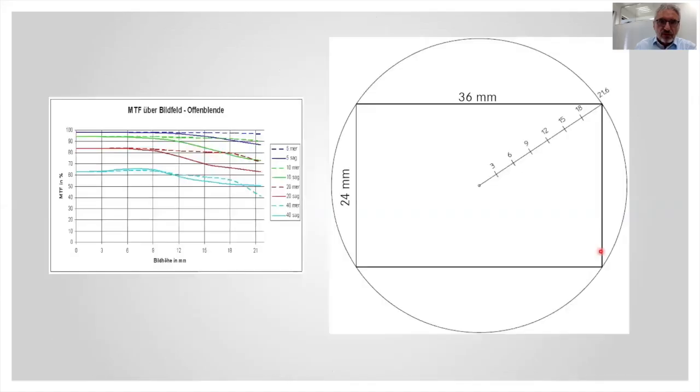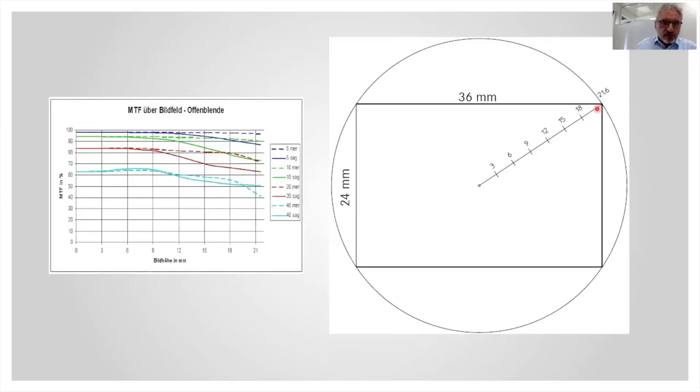If we talk about MTF curves, like here, this is the MTF contrast indicated. Here are 40 line pairs, 20 line pairs, 10 and 5 line pairs. And this is the image height, which means from here, from 0 to 21 at the edge.